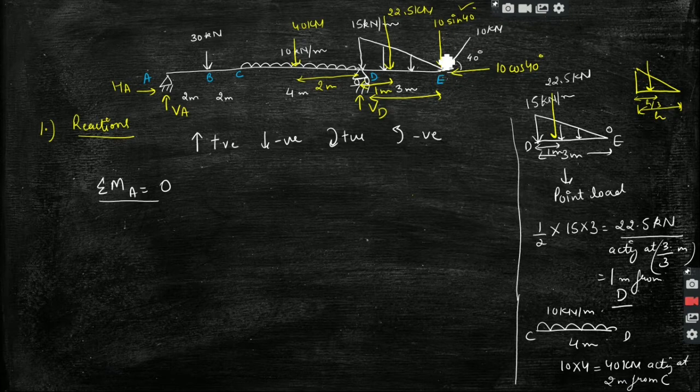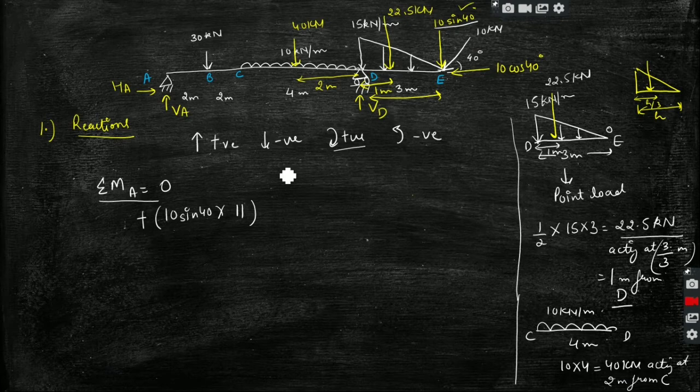The moment due to this vertical component about point A will be 10 sin 40 degree into this whole distance, which is 2 plus 2 is 4, 4 plus 4 is 8, 8 plus 3 is 11, and the moment will be clockwise. We have a clockwise moment at A, and we are taking clockwise to be positive, right? So this will be positive. Then similarly I will take the next force, which is 22.5.